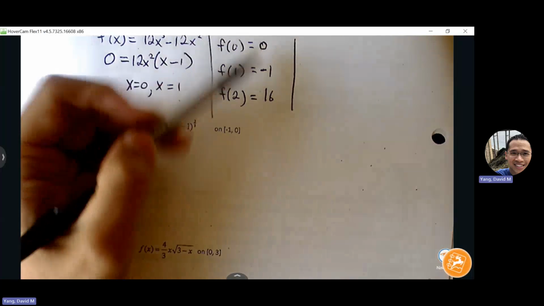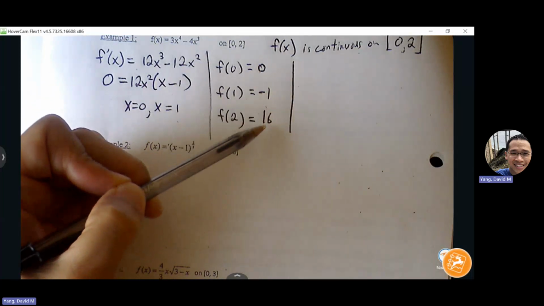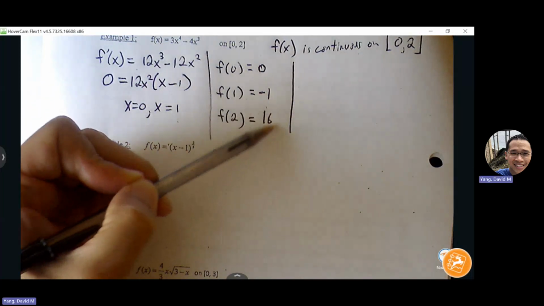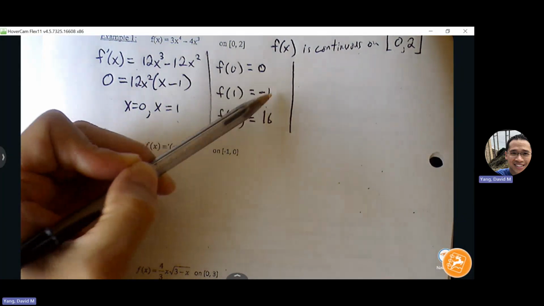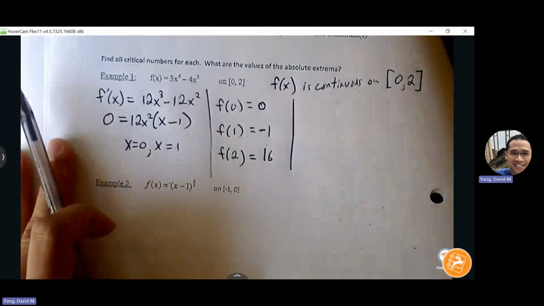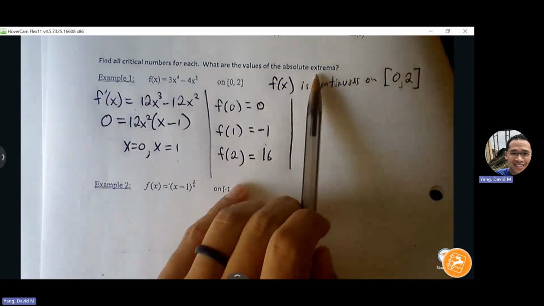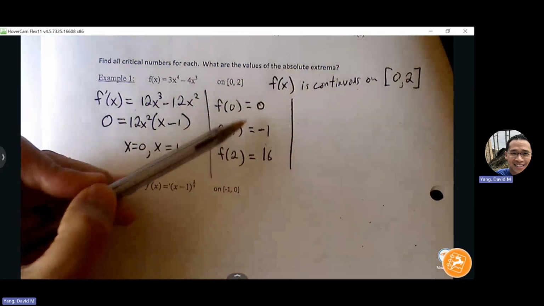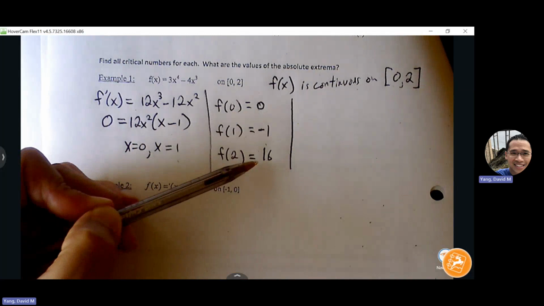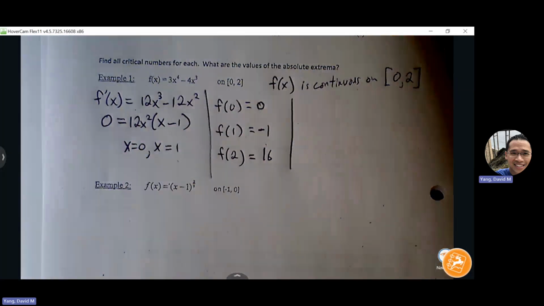Okay, so we compare the y values here. What's the highest y value that we see? 16. What's the lowest y value? Negative 1. Now, on the AP exam, typically when they ask for absolute max, absolute min, they're asking for the y values. A lot of times they would say, what is the absolute maximum value? And that word value means y value.